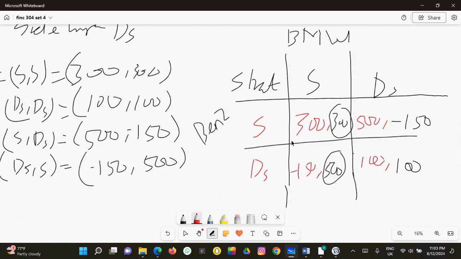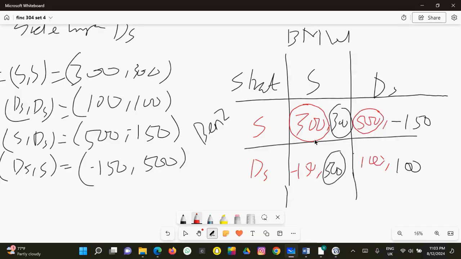Now, from the perspective of Benz, if BMW decides to make the side impact S, Benz has to choose between 300 and negative 150. So it will choose 300. And when BMW decides not to do the side impact, Benz can choose between 100 and then 500, and Benz is going to choose 500.